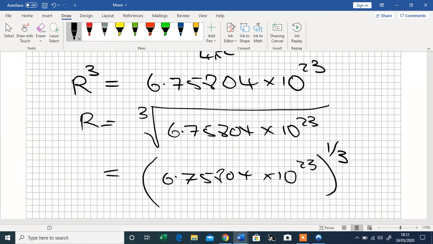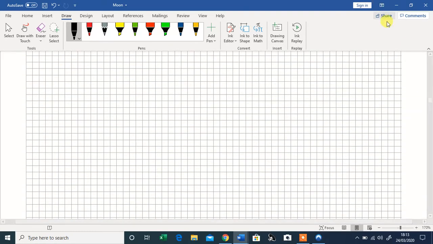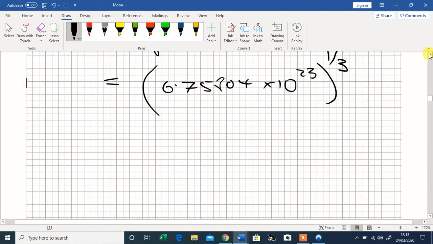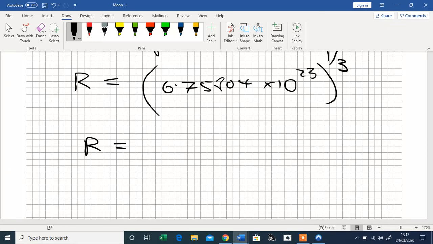So let us find out what that is. So if we do 6.75804 times 10 to the 23 to the power of 1 divided by 3, we get, wait for it, there should be a drum roll here to coincide with me scrolling up and down all the time.